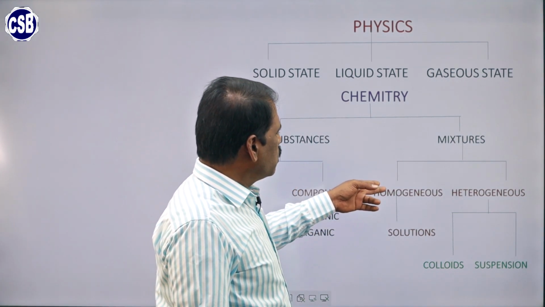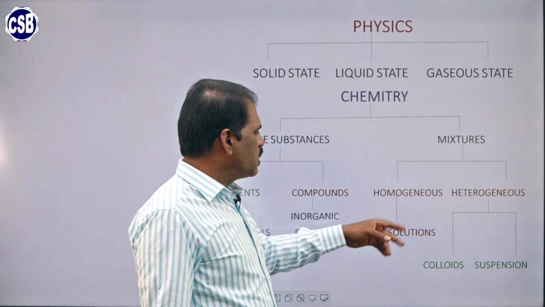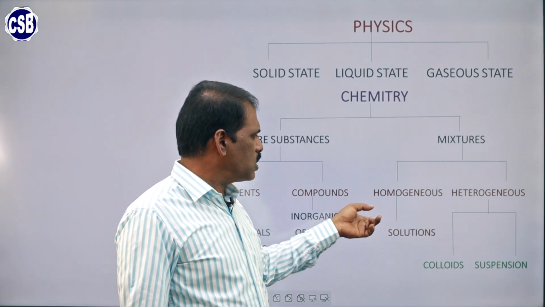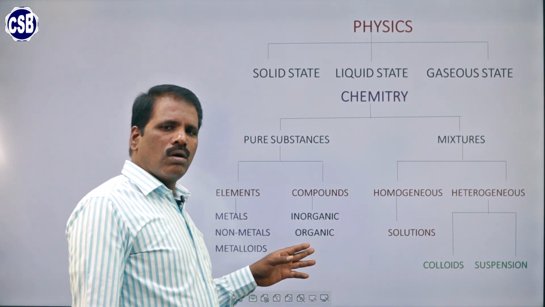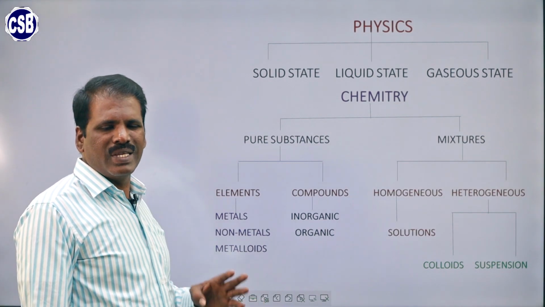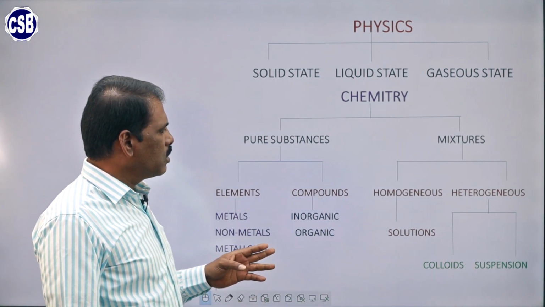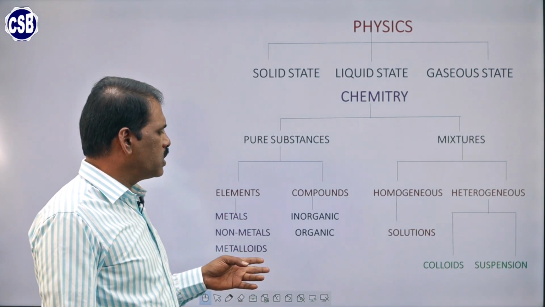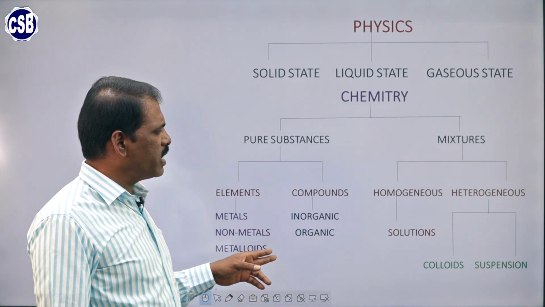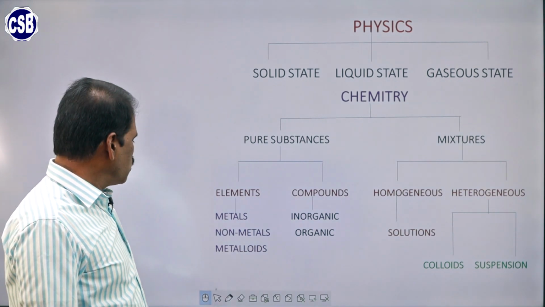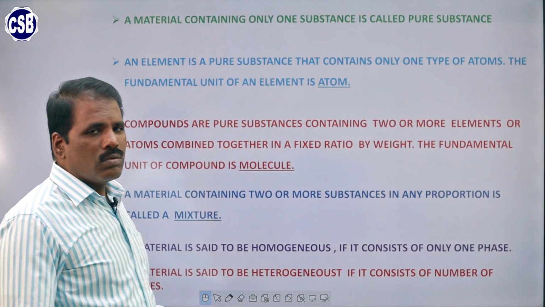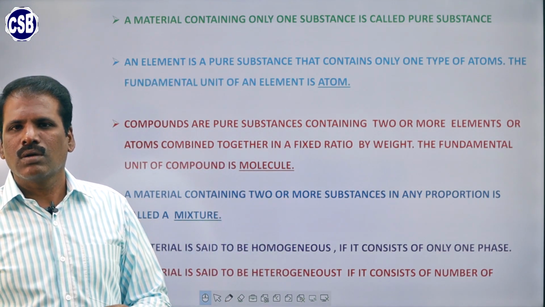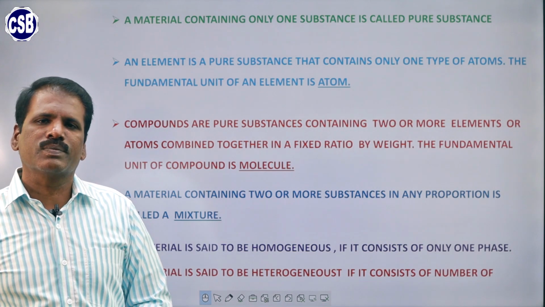Solutions are examples of homogeneous mixtures, in which only one phase exists. In heterogeneous mixtures, more than one phase will be there, and they are further classified into colloids and suspensions.